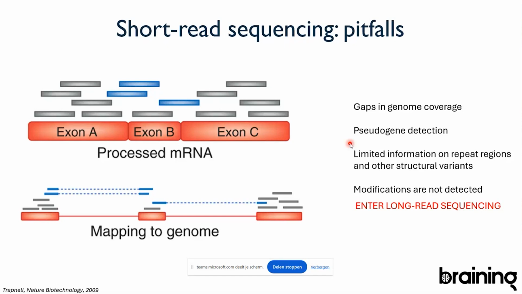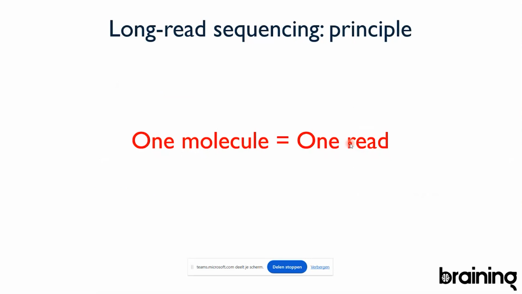So, long-read sequencing. The principle of long-read sequencing is exceedingly simple. If you have one DNA or RNA molecule, you read that molecule from the beginning to the end. No need to cut it up into different pieces.